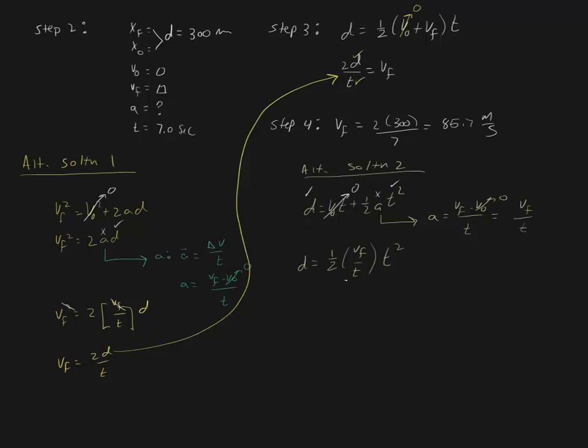We can eliminate this T with one of those T's. And now solving for V final, we get V final is equal to 2D over T. And you can see that that's the same answer that we got with alternate solution 1 and the real solution that we started off with in the first place.